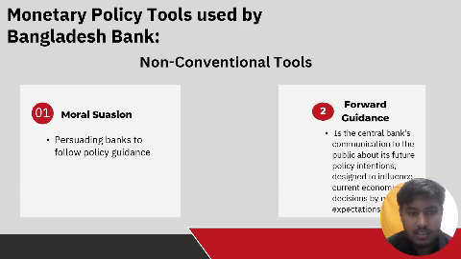Forward guidance is a communication-based monetary policy tool where Bangladesh Bank gives signals or announcements about future monetary policy decisions to influence the expectations of market investors and the public.